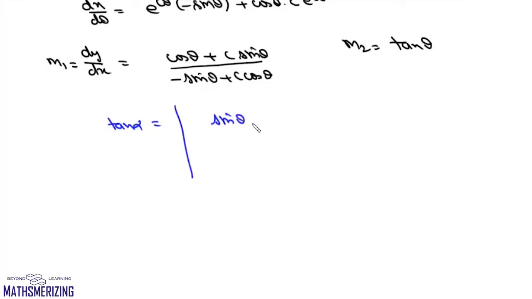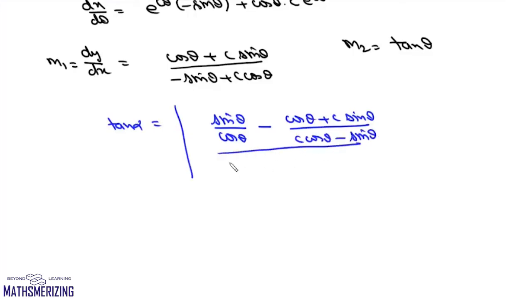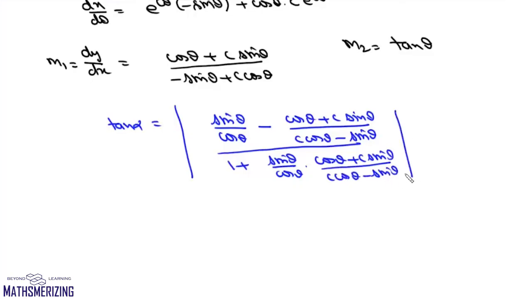So it will be sin theta upon cos theta minus (cos theta plus c sin theta) upon (c cos theta minus sin theta), upon 1 plus sin theta upon cos theta into (cos theta plus c sin theta) upon (c cos theta minus sin theta).